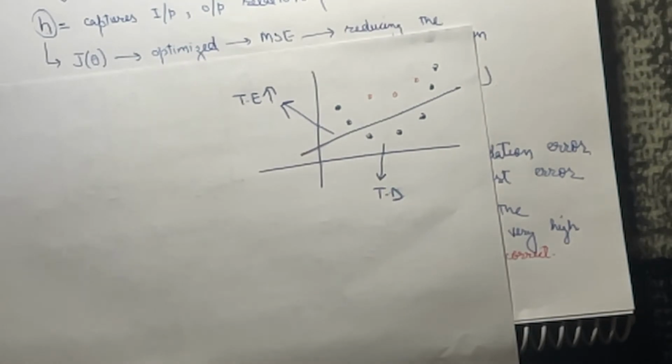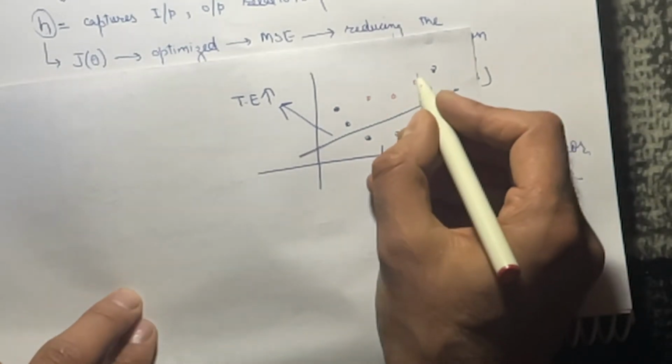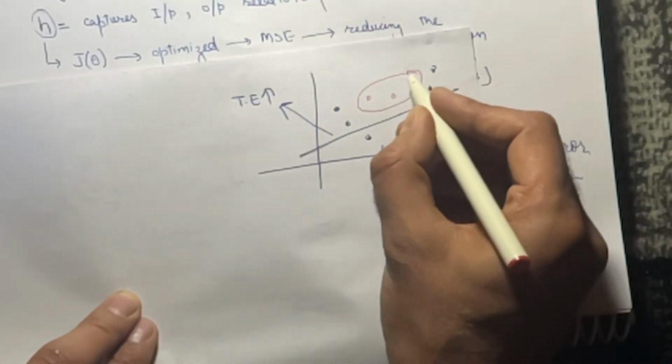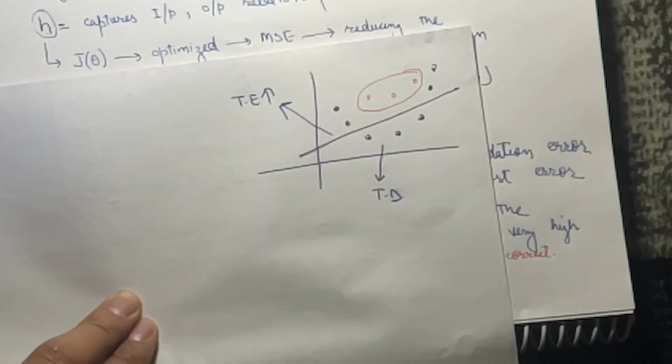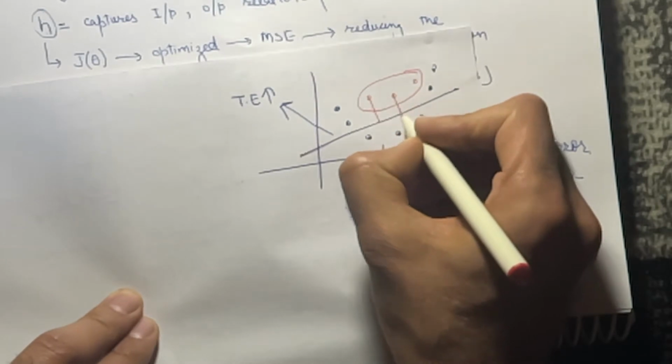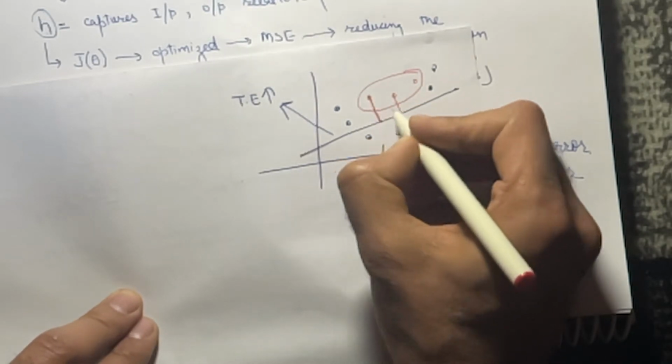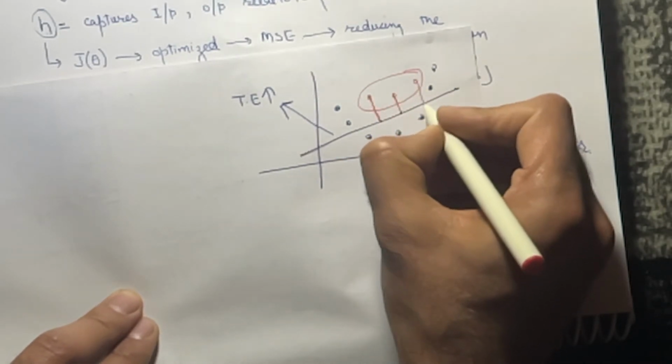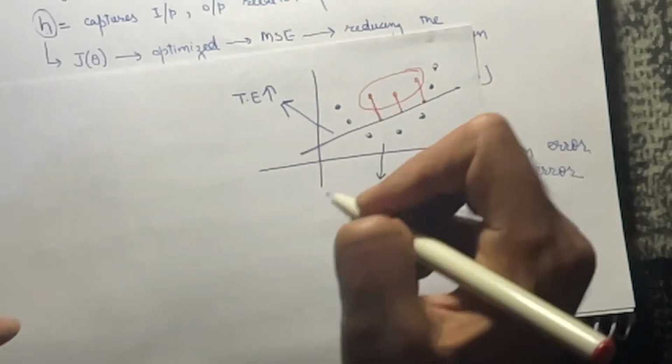This curve won't be able to capture the input output relation in the training data, so it won't be able to capture this unknown data as well. This is the error, the difference of these points from the actual line. So this particular error will also be high.